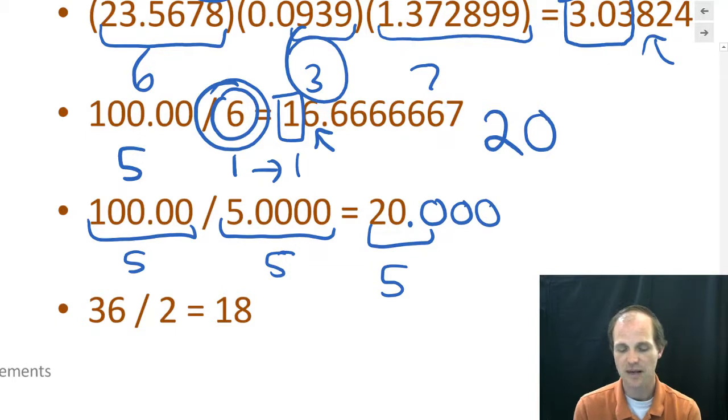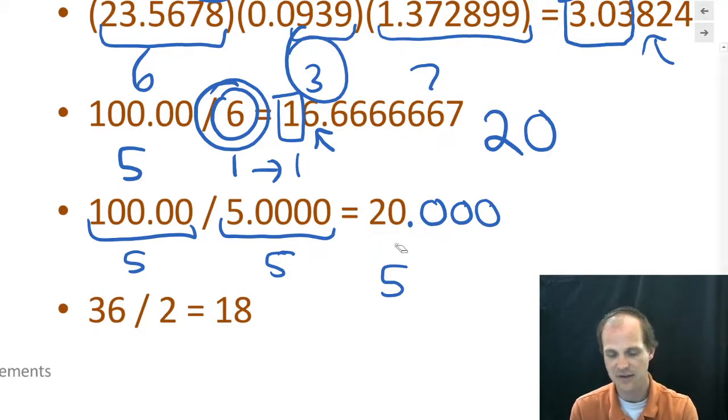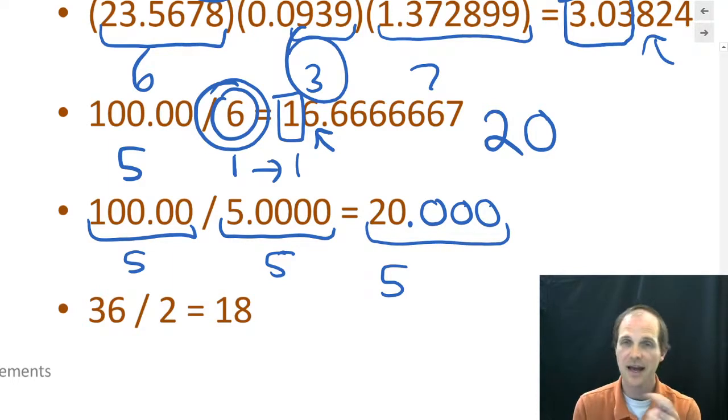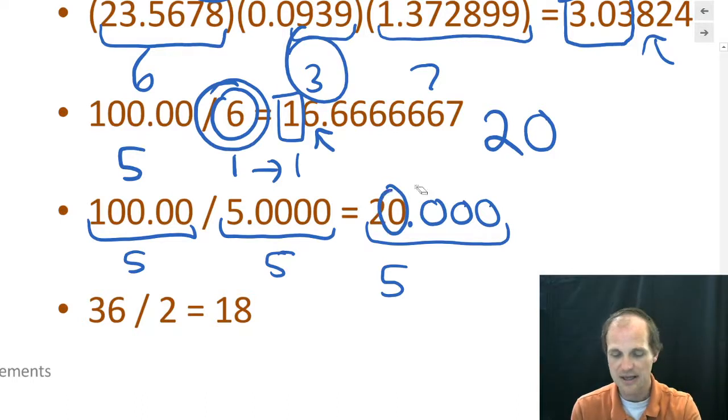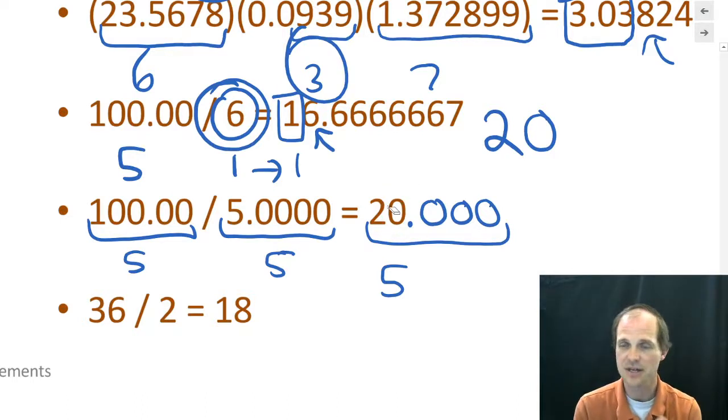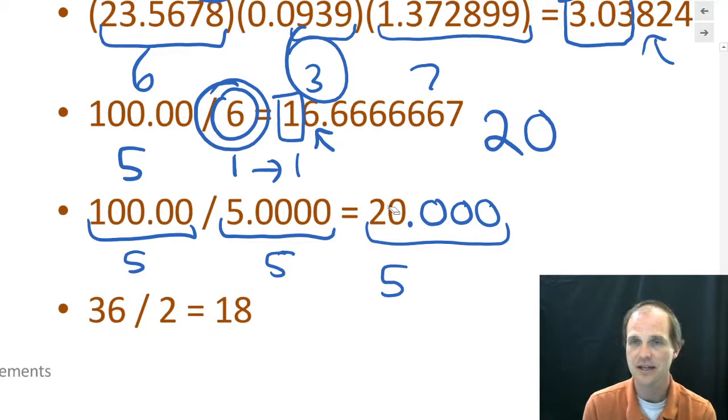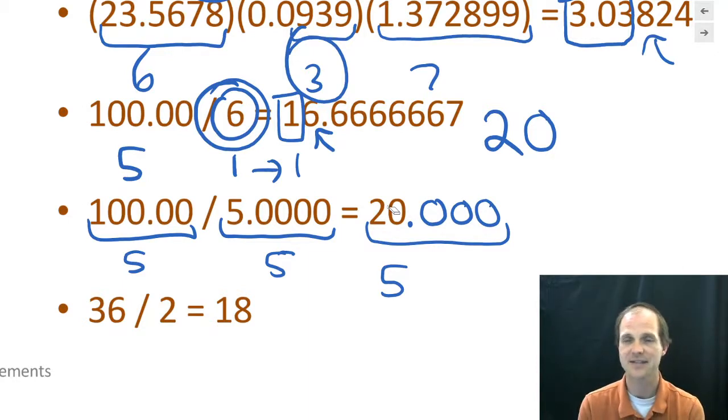So if I write 20.000, I now have 5 significant figures because all those trailing zeros are significant. And that 0 before the decimal point, this one right here, is still considered a trailing 0. It's not trailing after the decimal. It's trailing after the last non-zero number, which is a 2.